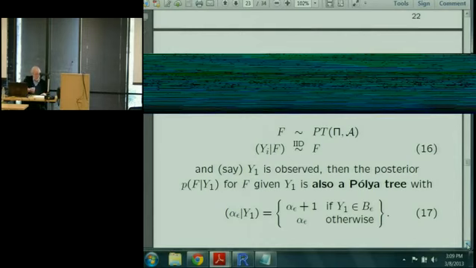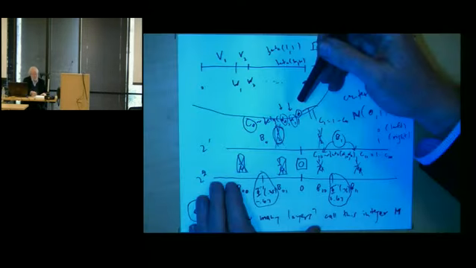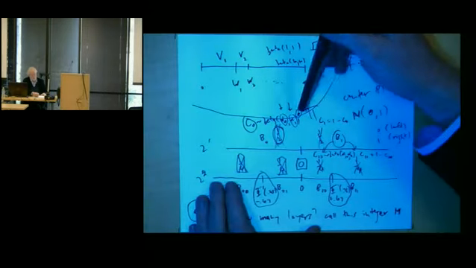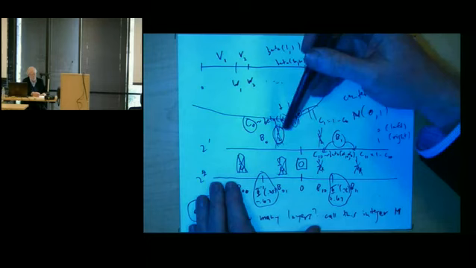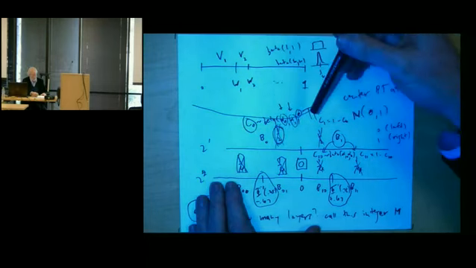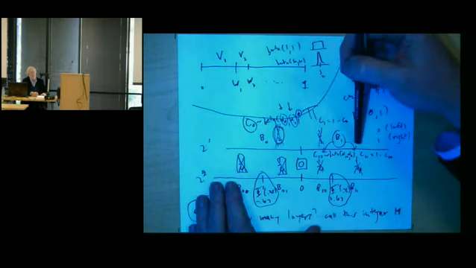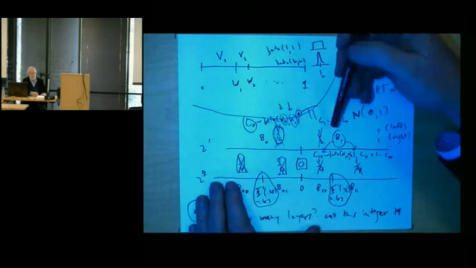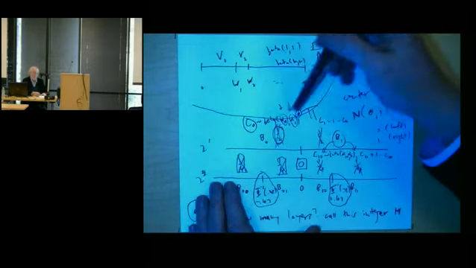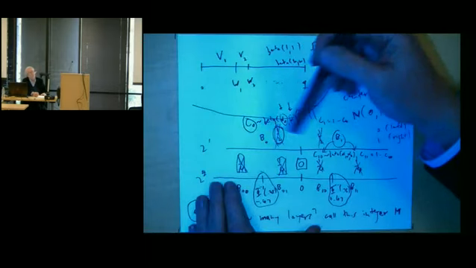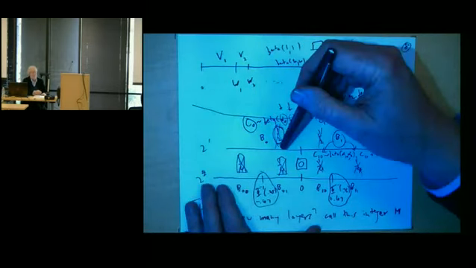You go back to your tree, and you start Y1 up here at the top, and you ask, does Y1 actually land in the right-hand partition set or the left one? If it lands in the partition set to the right, you add 1 to the alphas over there. If it goes left instead, you add 1 to those alphas. And then you move it down to the next level.